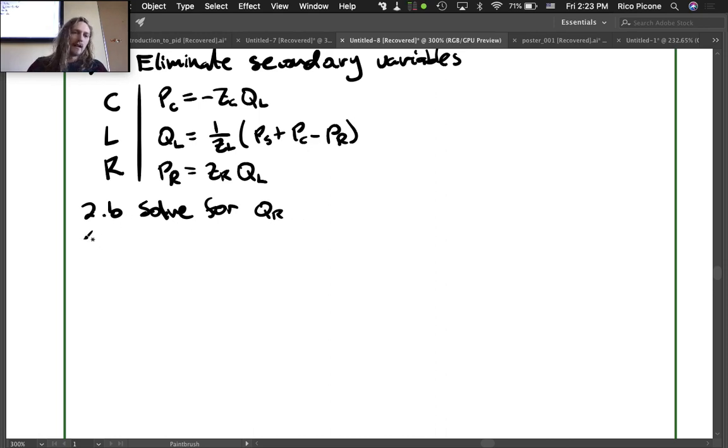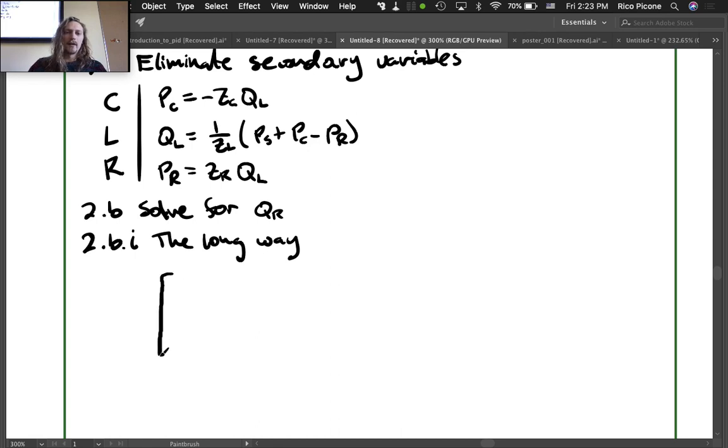So this is, I would say, 2b1, the long way. This is the general way that you would do it.